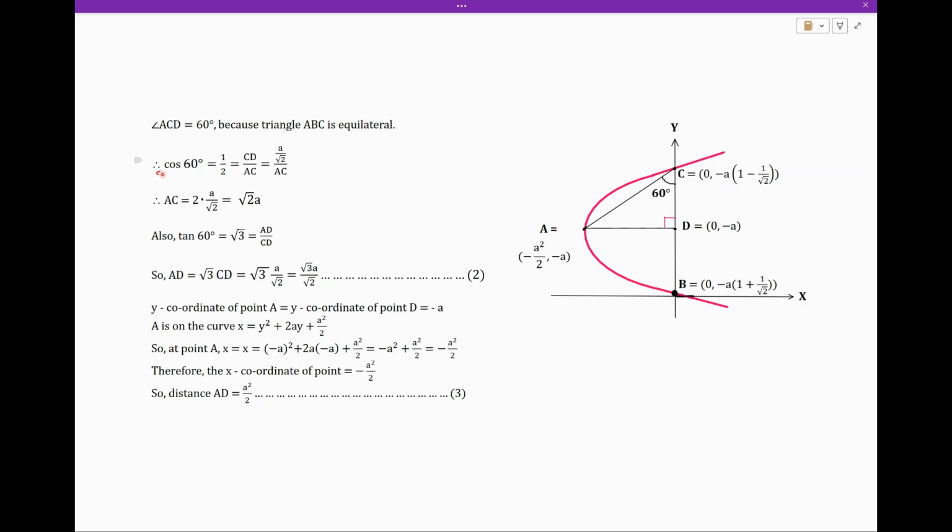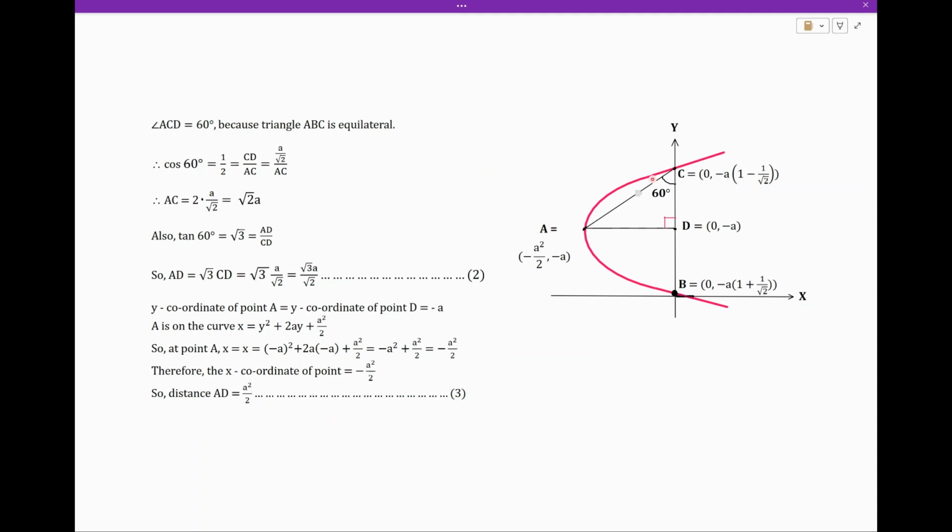Cosine of that angle, cos 60, we know from trigonometry is half, and in this case it is CD divided by AC. We know the value of CD, which is a by square root of 2, and we do not know the value of AC, so we write AC. So from this equation, we get the value of AC as 2 multiplied by a by square root of 2, and that is equal to square root of 2 times a.